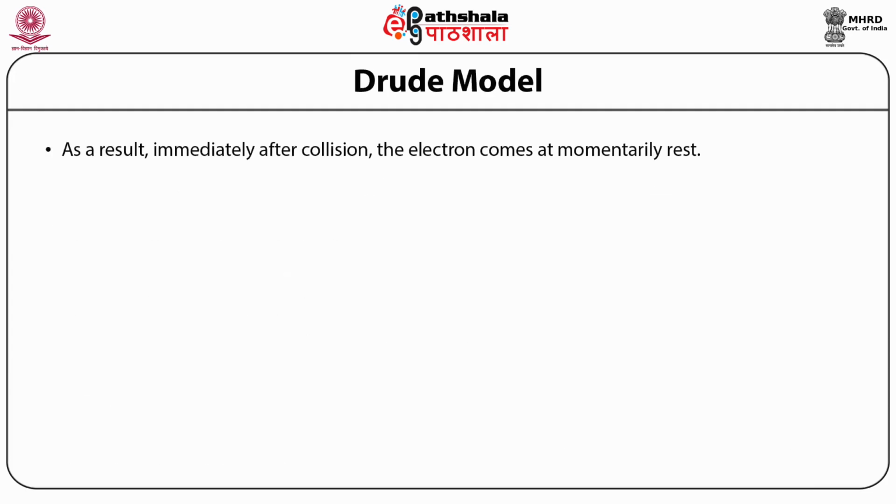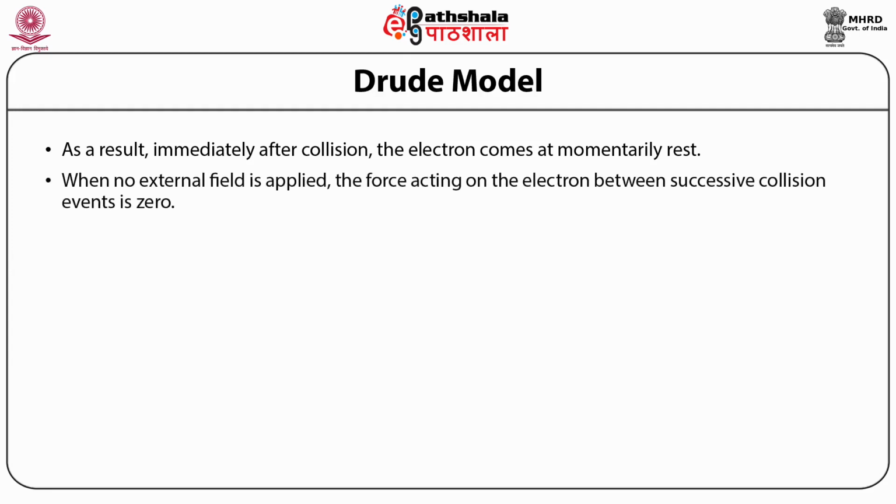As a result, immediately after collision, the electron comes momentarily to rest. When no external field is applied, the force acting on the electron between successive collision events is zero. Therefore, the velocity of an electron does not change until the next collision.